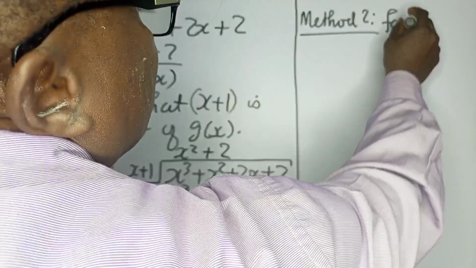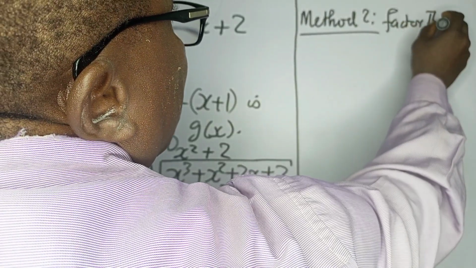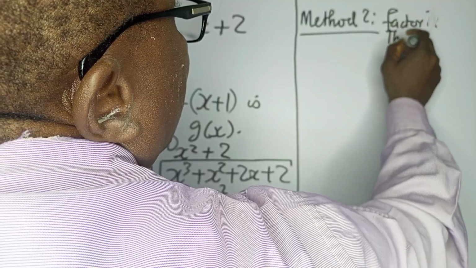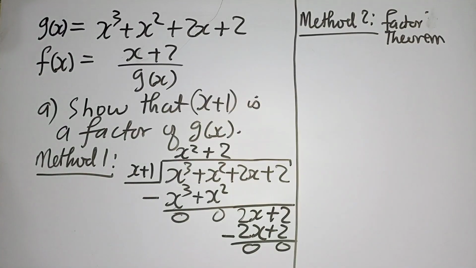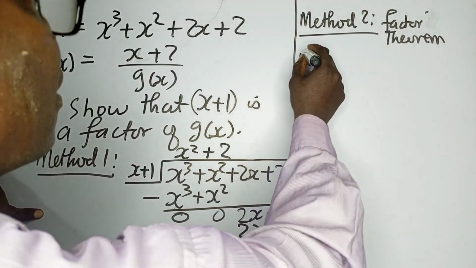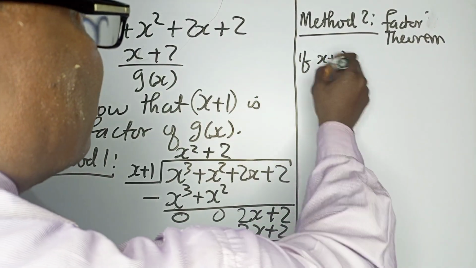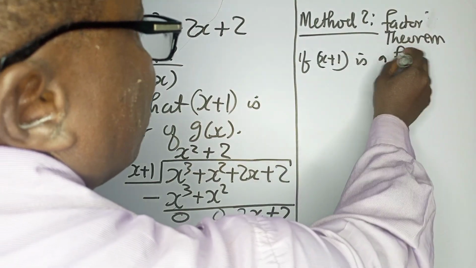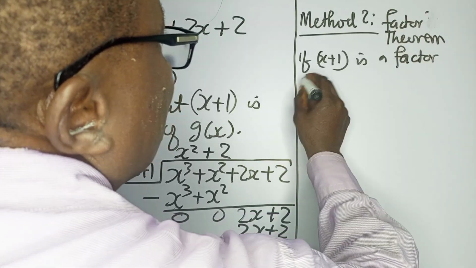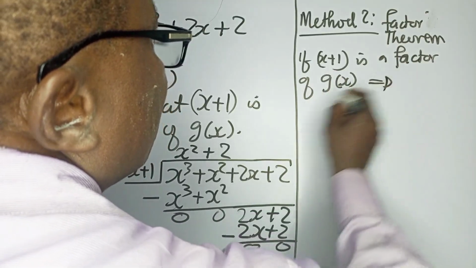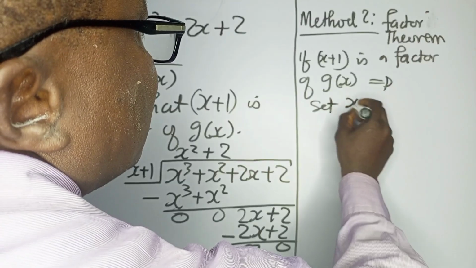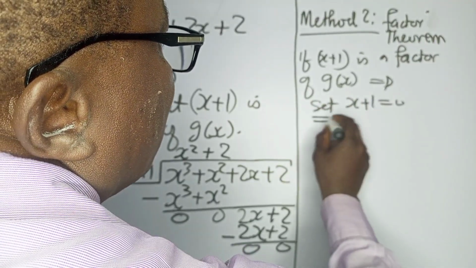Method 2 is the factor theorem. What does the factor theorem say? It says if x plus 1 is a factor of polynomial g of x, then first thing, you set x plus 1 to 0 and you solve.